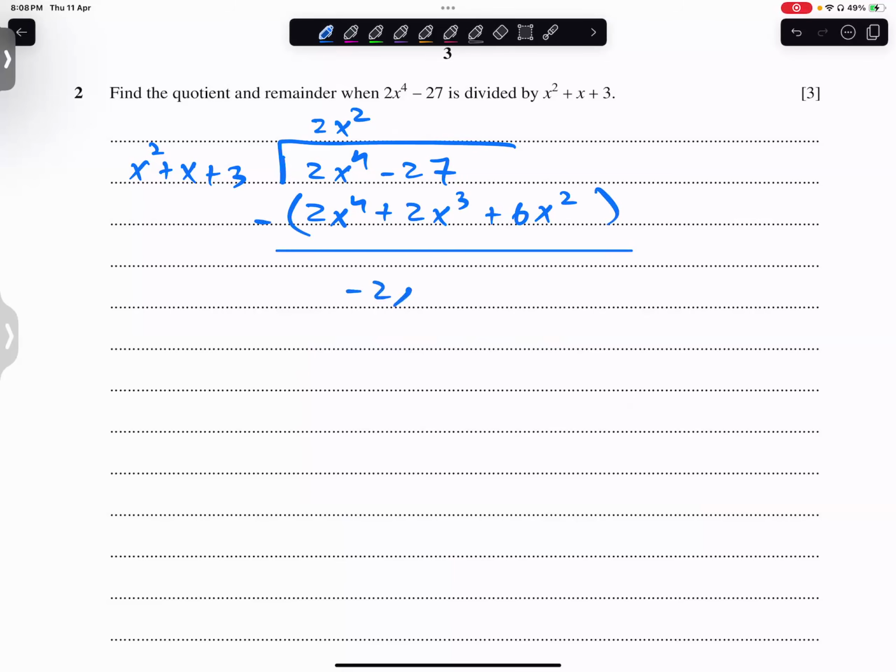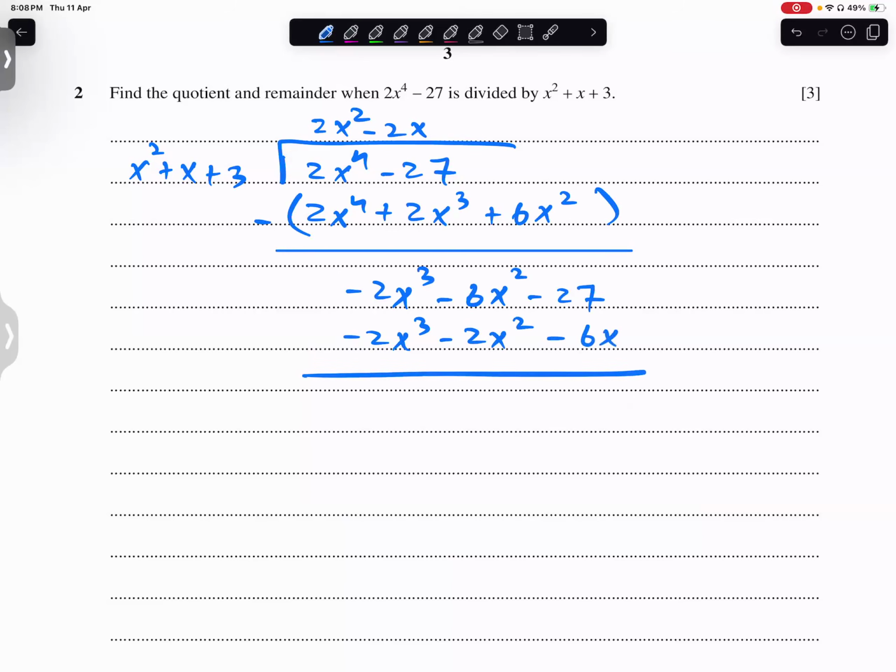So minus 2x^3 minus 6x^2 minus 27, and then now multiply it with minus 2x. So you will get minus 2x^3 minus 2x^2 minus 6x.